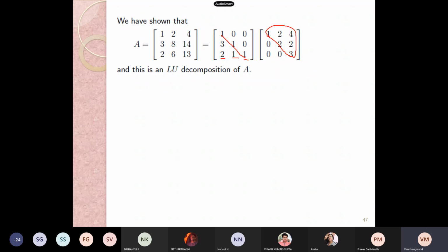And what is our U13? 4. Okay, U22. 2, sir. U23. 2, sir. Okay, U33. 3, sir. L31. 2, sir. L32. 6, sir.